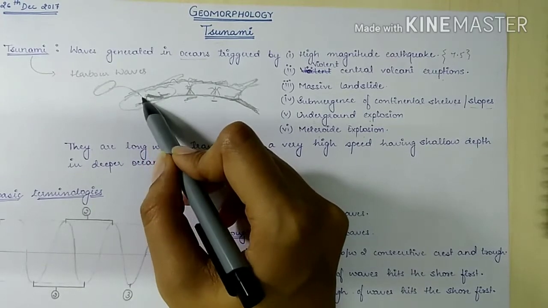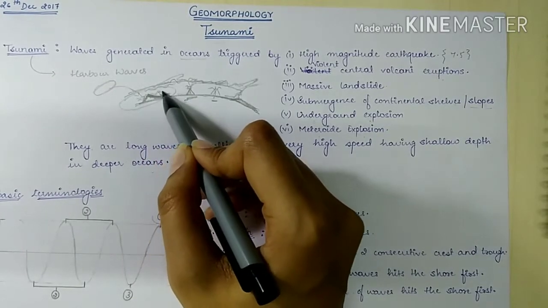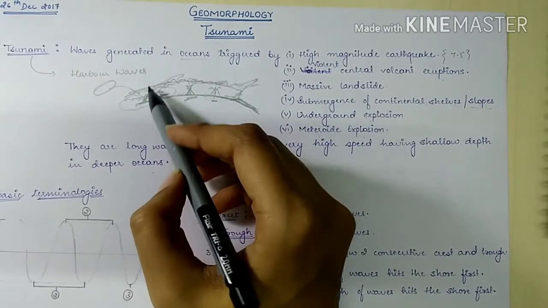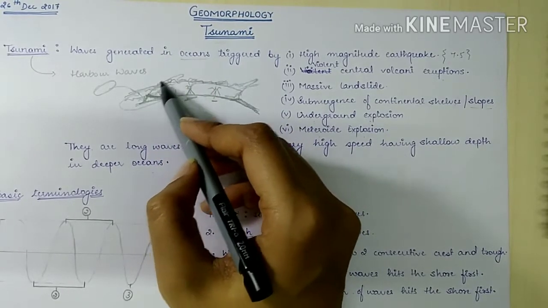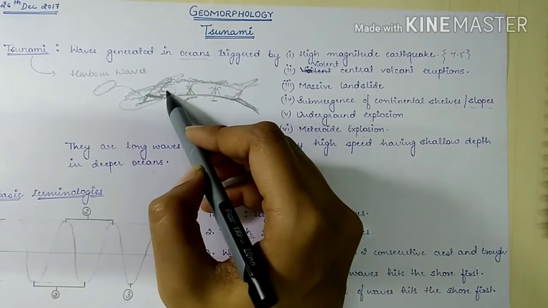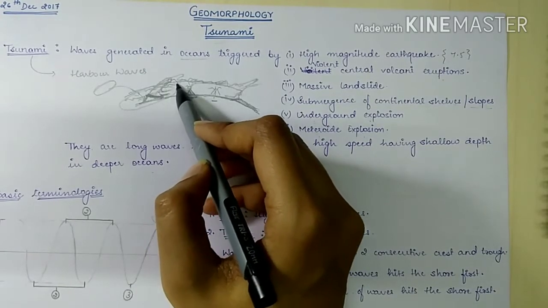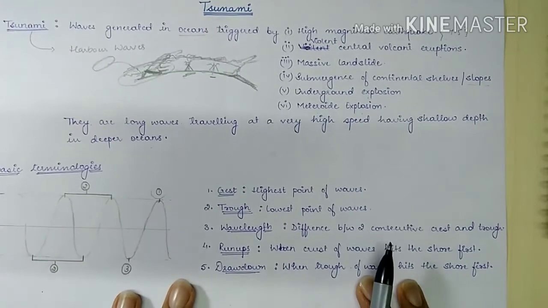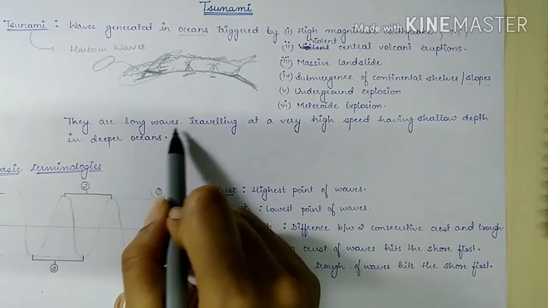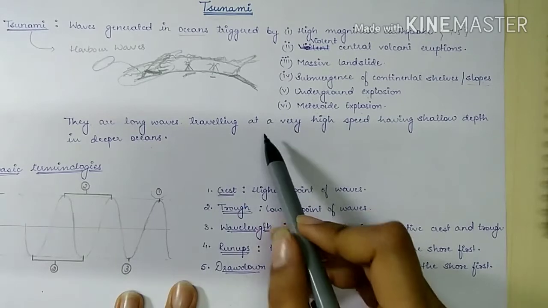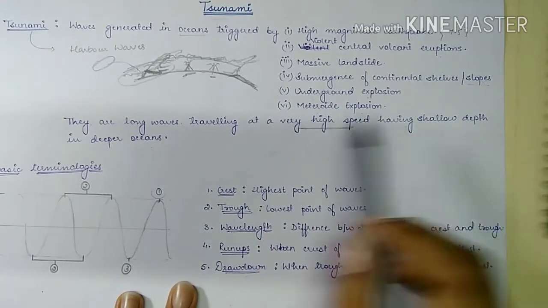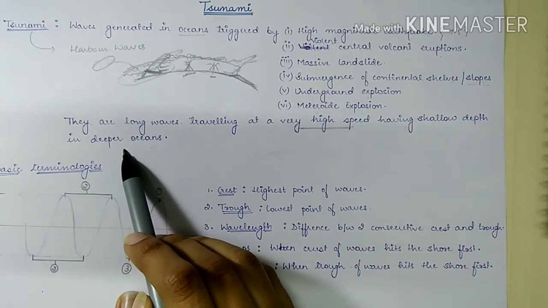Because of its impact, huge waves were generated, and these waves were known as tsunami. So tsunami is basically long waves that travel at a very high speed, and have shallow depth in the deeper oceans.